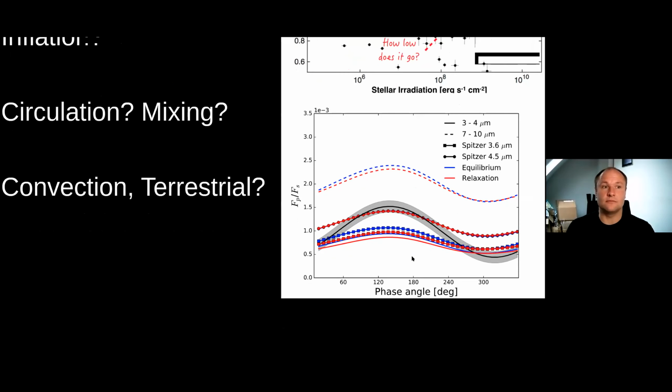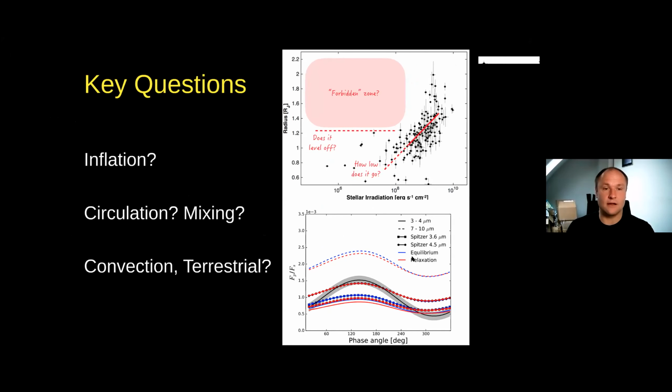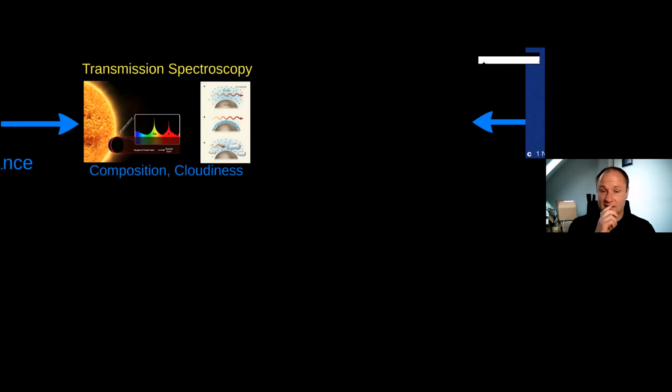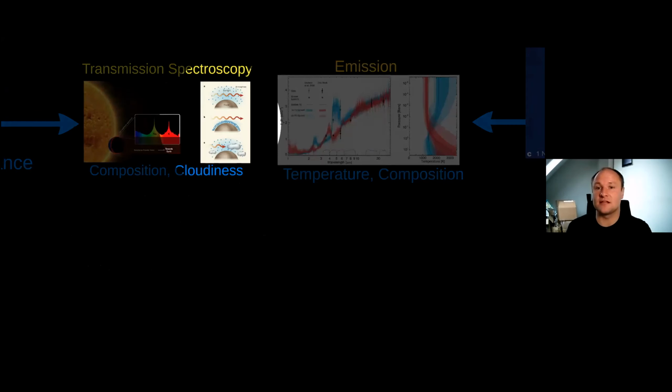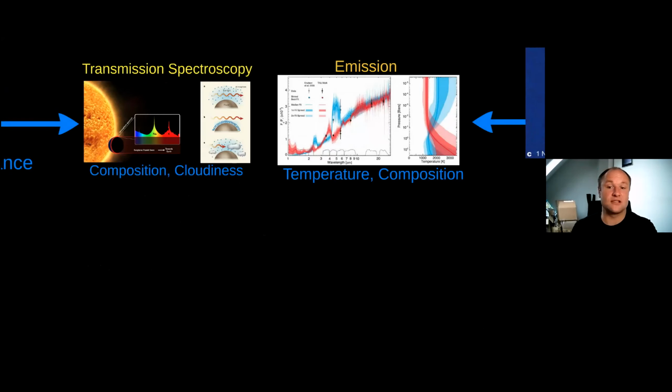Okay, so let's move on then to the second layer of observations, the second layer of information. Beyond just the detection and the bulk properties, we have transmission spectroscopy, which allows us to work out potentially the composition of these atmospheres, as the light passes through the atmosphere of the planet on its way to us as the planet is transiting in front of the star.